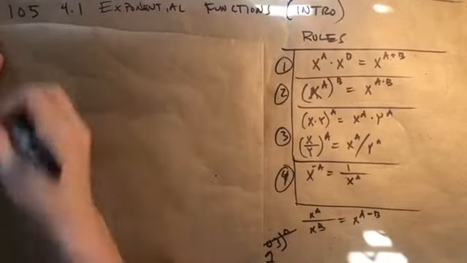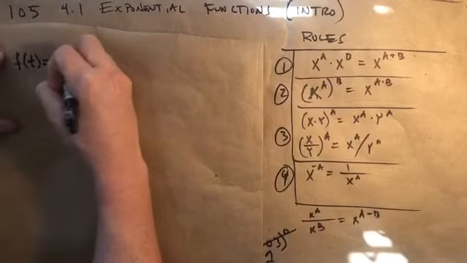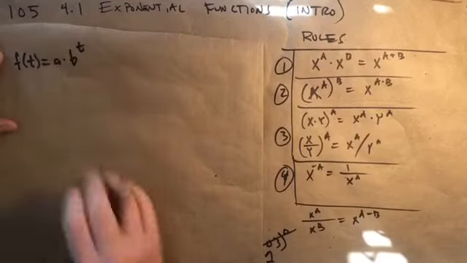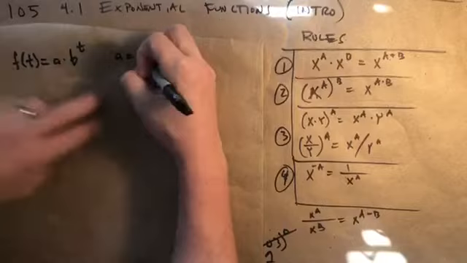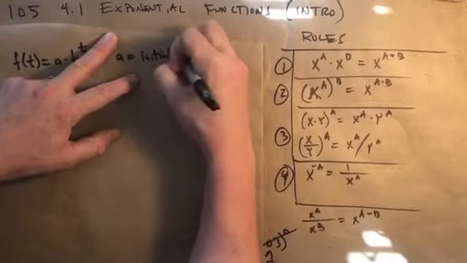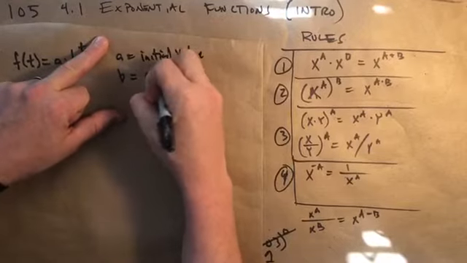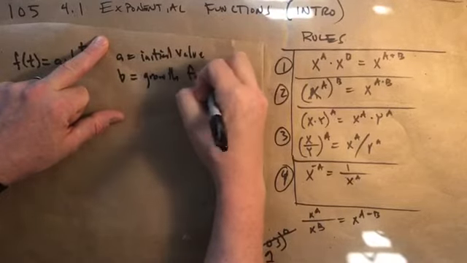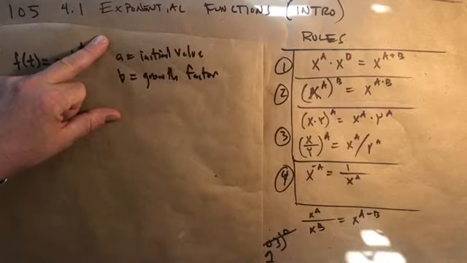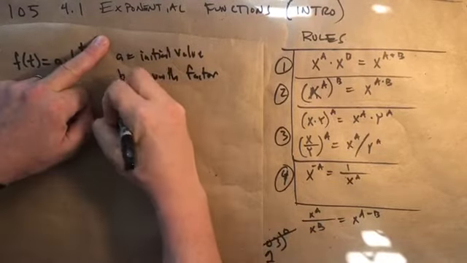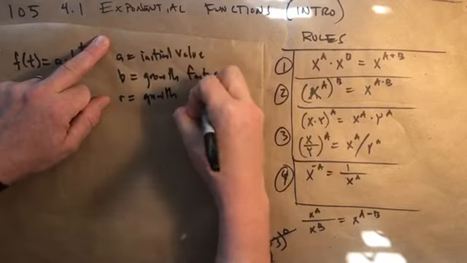In general, an exponential will be of the form f of t is equal to a times b to the t, where we refer to a as our initial, b is our growth factor, and we use the term factor, meaning that we're going to be multiplying by this b value every single time, and r is our growth rate.